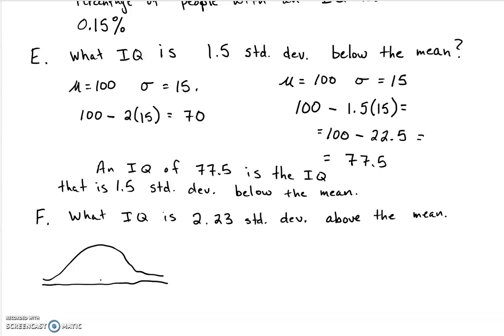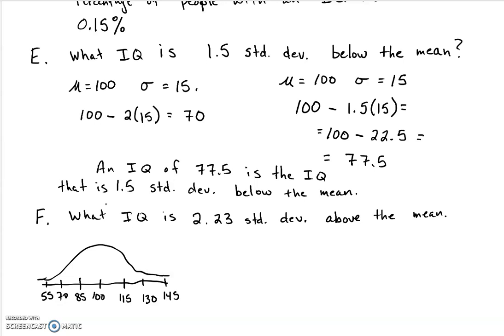We know the mean is 100. We know one standard deviation above the mean is 115. This is the same picture we've drawn before. 130, 145. Then going the other way, we have 85, 70, and 55. Notice this picture is even worse than they normally are, but that's okay.